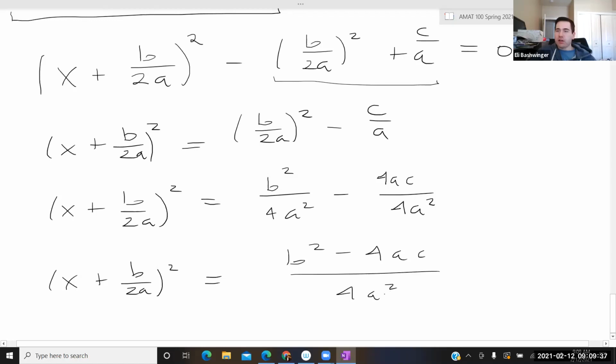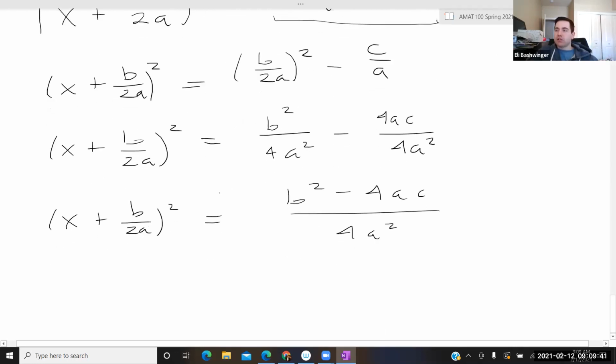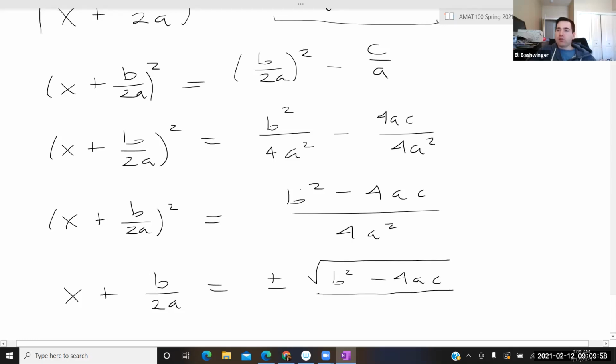And you're probably starting to see the quadratic formula emerge already. Now I can do this trick where I take the square root of both sides, right? I'm allowed to do that now. So you get plus or minus the square root of b squared minus 4ac over, so I took the square root of a fraction, so the square root distributes over the numerator and denominator.